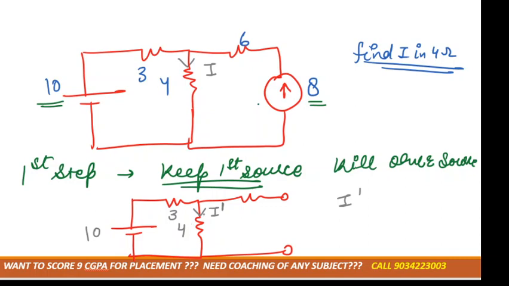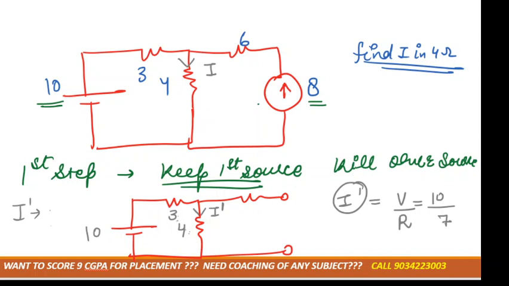I dash is V divided by R. V is 10 volt, and the resistance is 4 plus 3, which is 7. You can calculate this I dash by any one method: nodal analysis, KVL, or KCL. Clear?